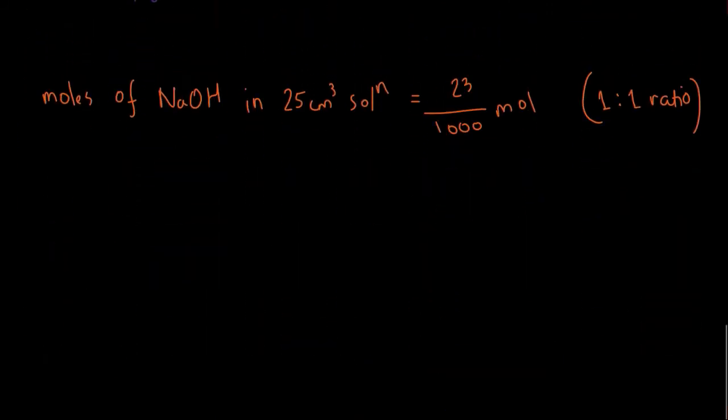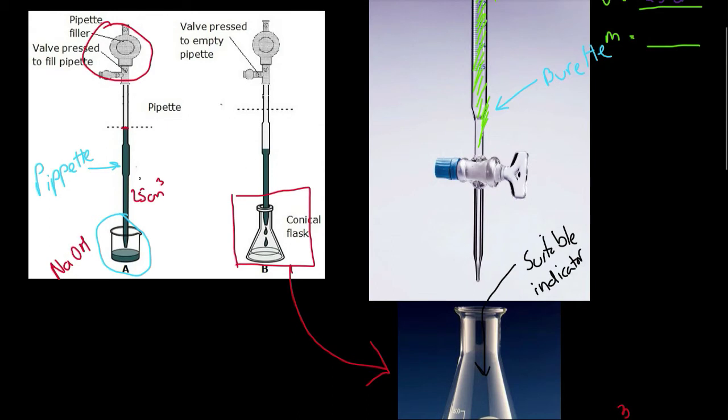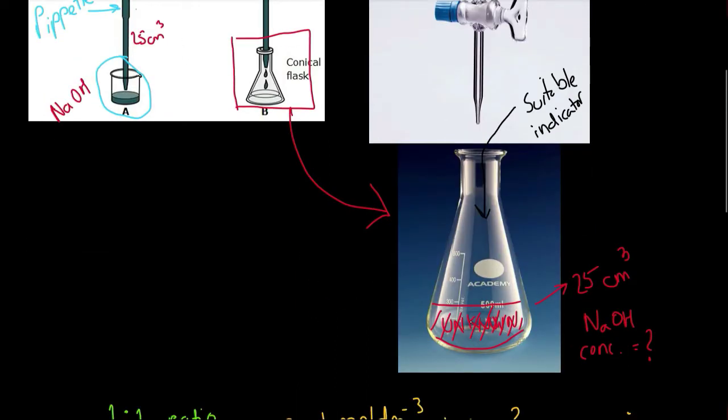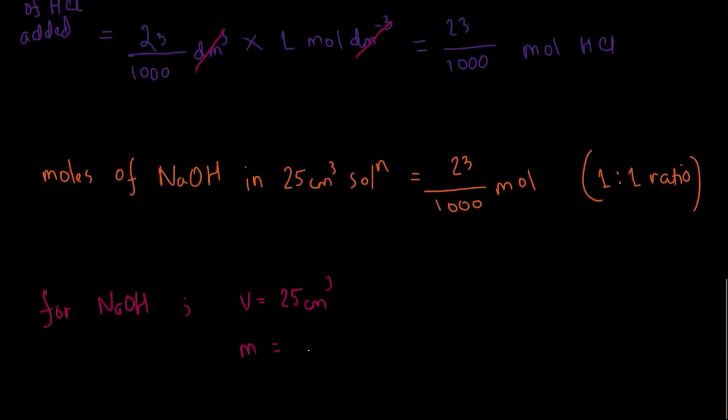Originally for NaOH, the volume was 25 cm cube because we used this pipette here, and we drew 25 cm cube of it and put it in the flask. So I have 25 cm cube of NaOH there, and right now I have just figured out the moles of NaOH, which is 23 by 1000 moles.